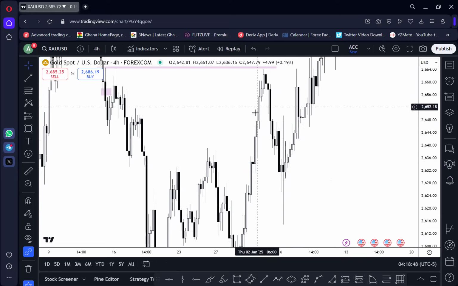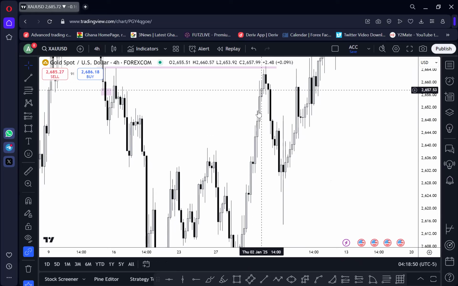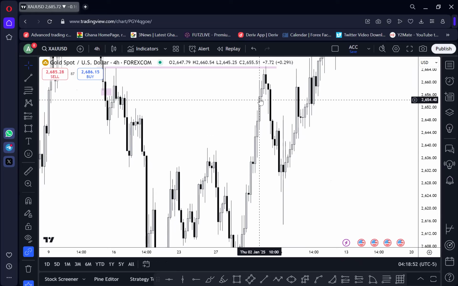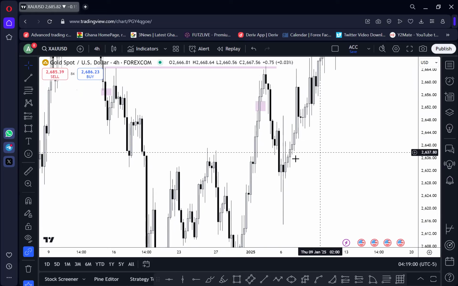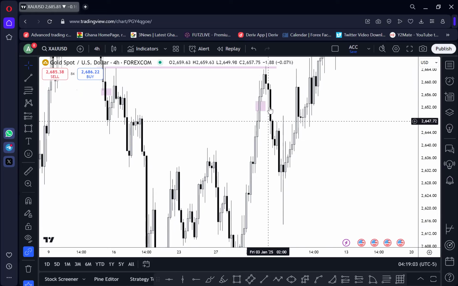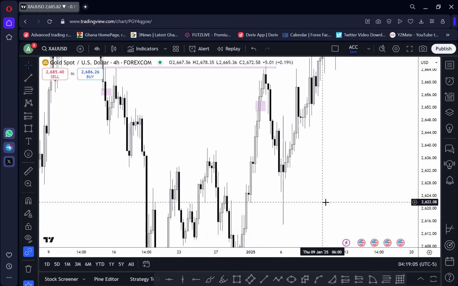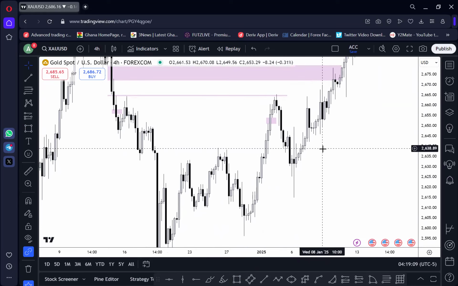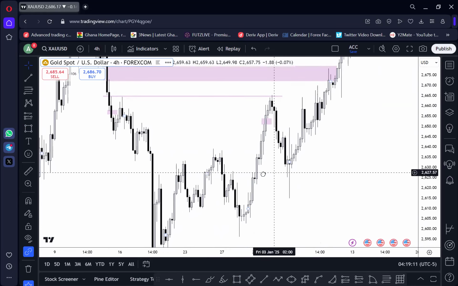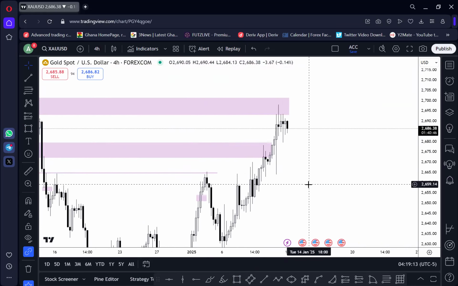If you see, all the moves here were efficient, except for this area here. Except for that area, price filled it, reacted before pushing down. As I said, it's not every imbalance or fair value gap that you need to trade.